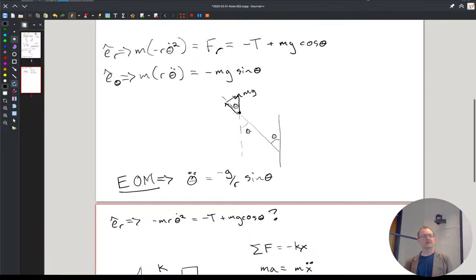theta double dot is a function of time, all this stuff. So now tension, and we weren't really asked for this, but it seemed like people were thinking about what to do with this equation.